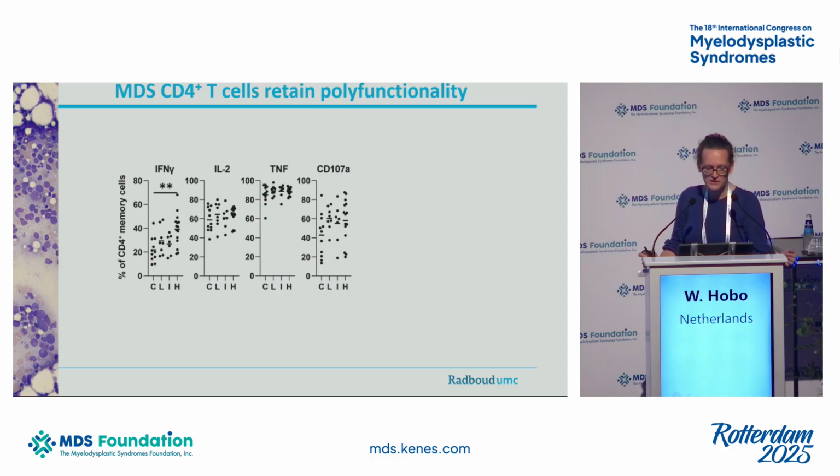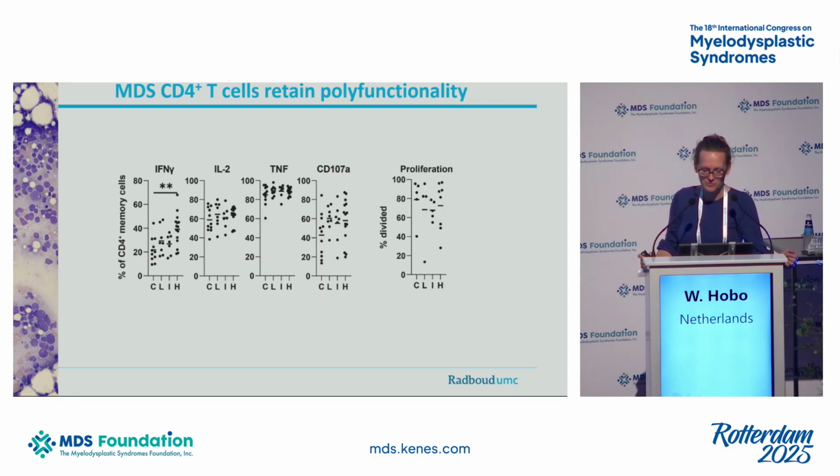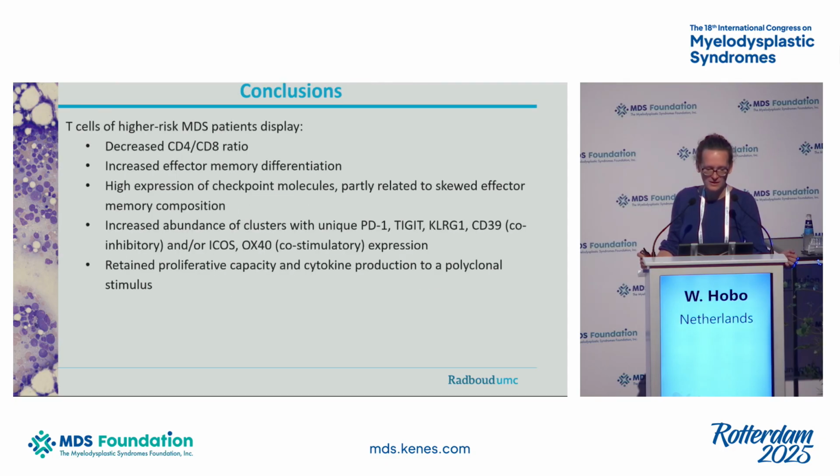And also within the CD4 T cells, we observed that those T cells had retained functionality, or even here within the memory T cells, we observed actually some increased interferon gamma production, which might maybe be interesting in the context of the inflammation, which was previously addressed, and also retained proliferative capacity.